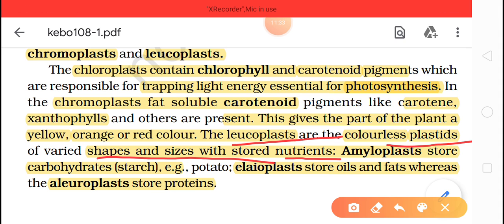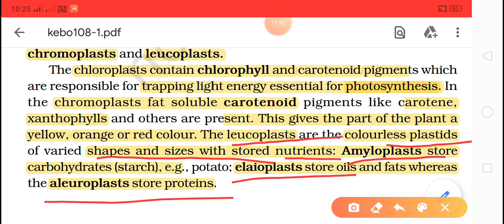They are further classified into amyloplast, elaioplast and aleuroplast. Amyloplasts store carbohydrate, for example in potato. Elaioplasts store oils and fats, whereas aleuroplasts store proteins.